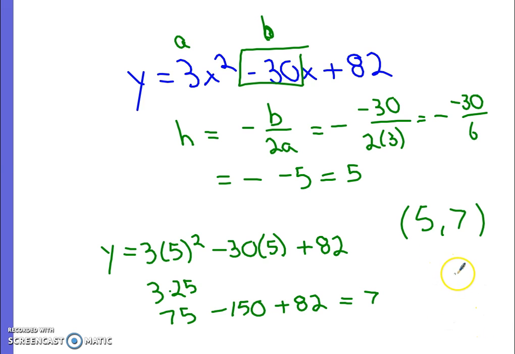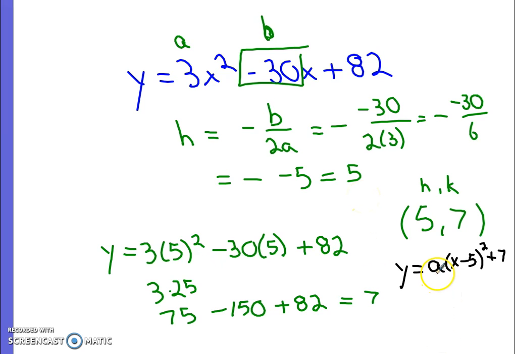Well, you might remember that in vertex form, that's the value of h and k. So our equation then is going to look like this: y equals whatever a is, and we'll get to a in just a minute, x minus 5, because that's h, squared, plus 7. So we're essentially done.